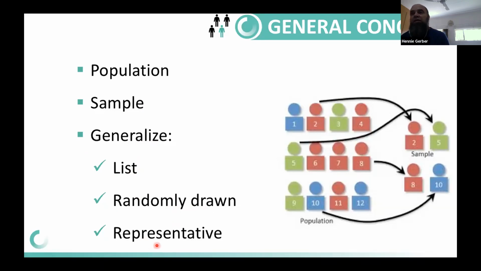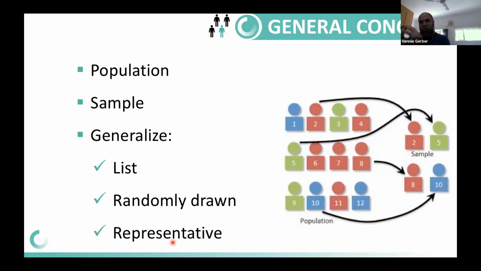Then the next thing, this sample must be representative. What does that mean? Say if we look at this example of technology acceptance, if we look at new technology, then for example, what will have an influence on new technology? Age could be, gender could be.